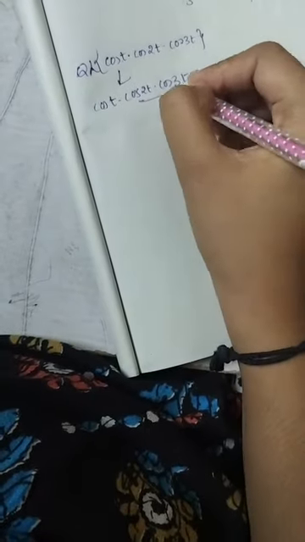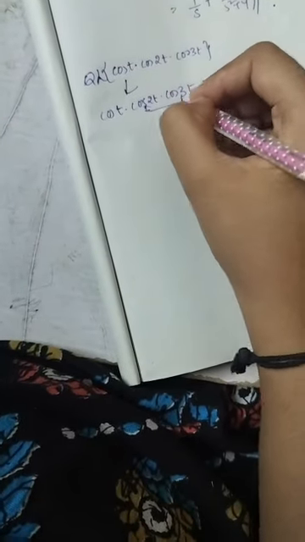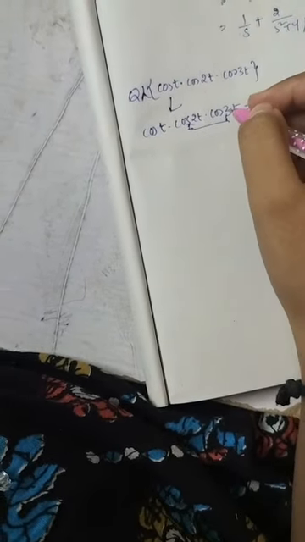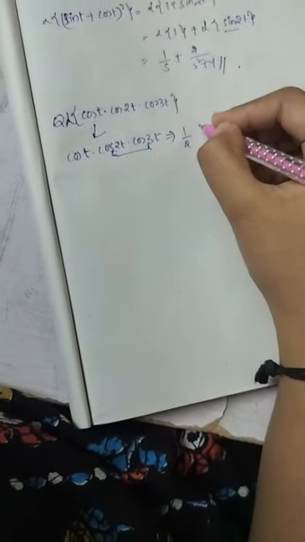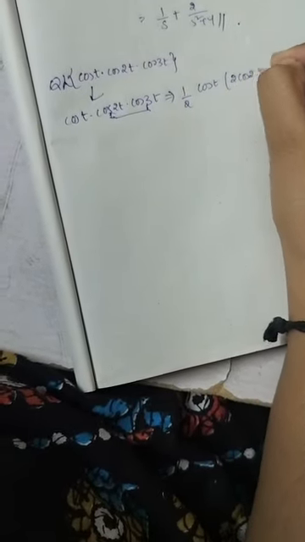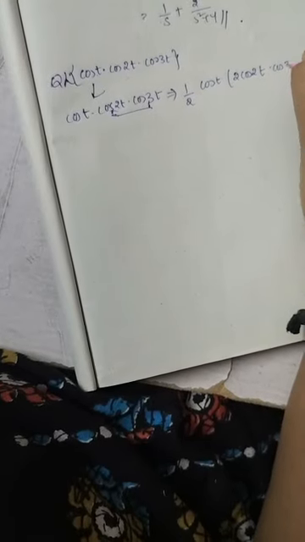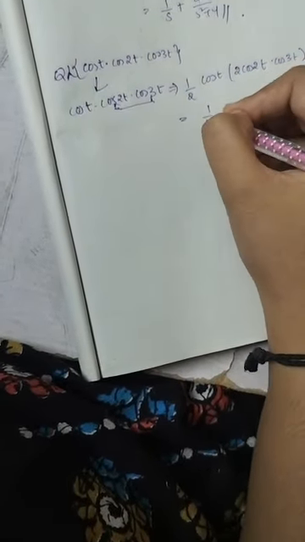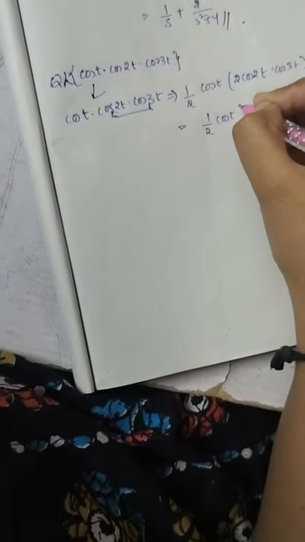So what we do is we will change this function to the cos a cos b form. So we take 1 by 2 cos t of 2 cos 2t into cos 3t.